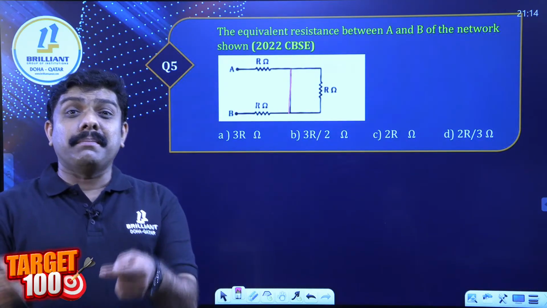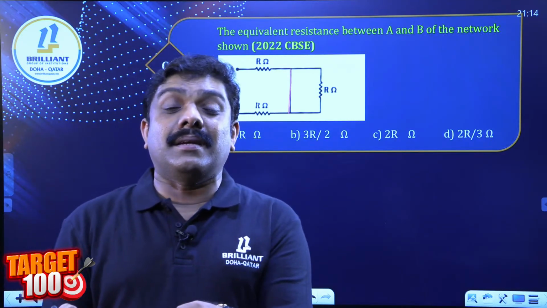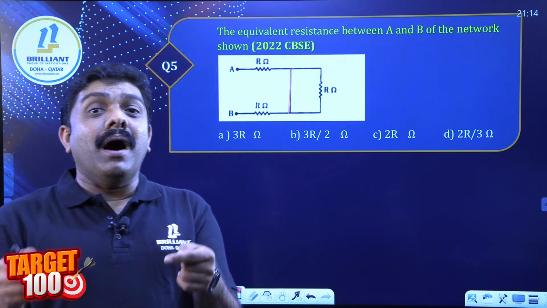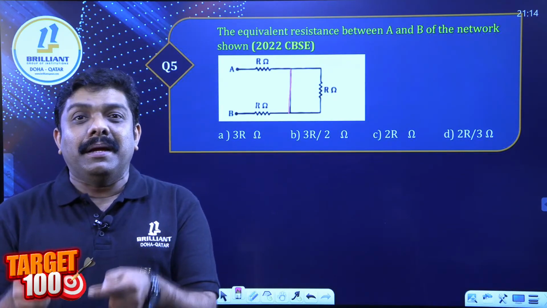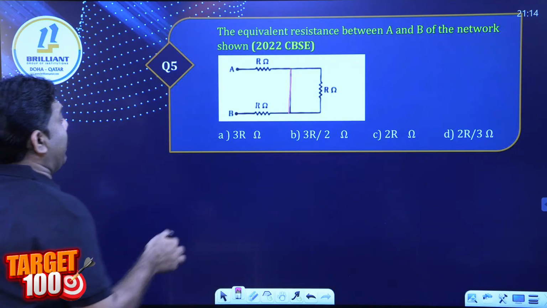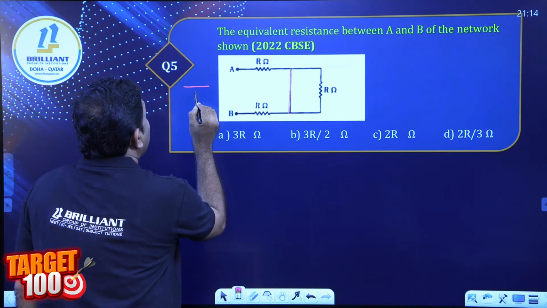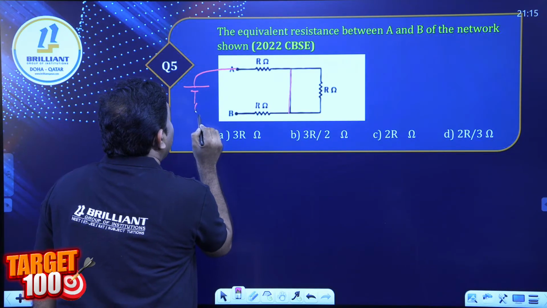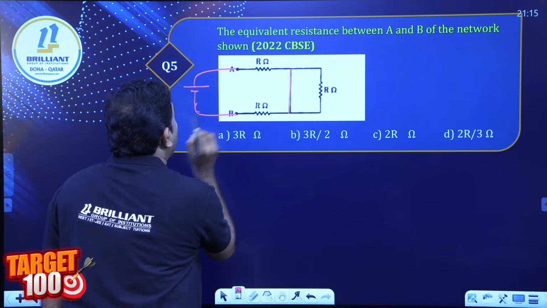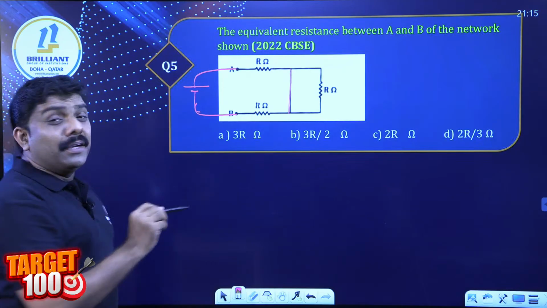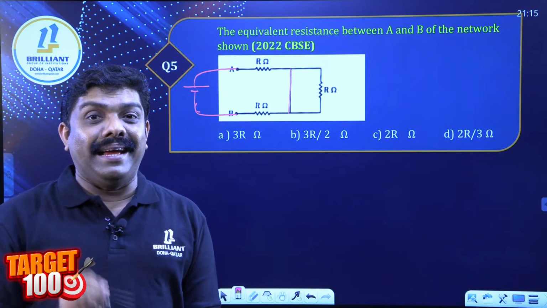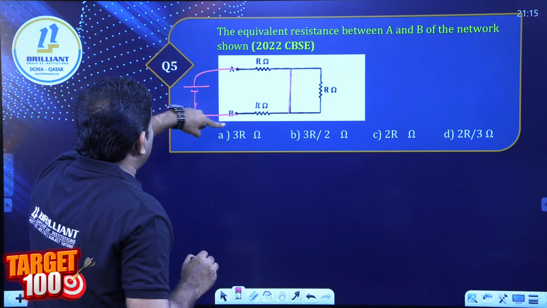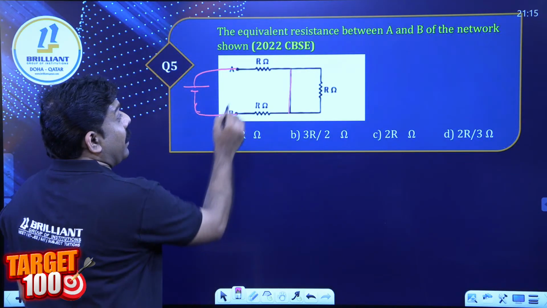What is the meaning of equivalent resistance between A and B? It means that you are connecting the battery terminals between A and B. The battery positive you connect to A and the battery negative you connect to B. That is the meaning of equivalent resistance between A and B. So one terminal is connected to A, the other terminal to B, and current will flow.